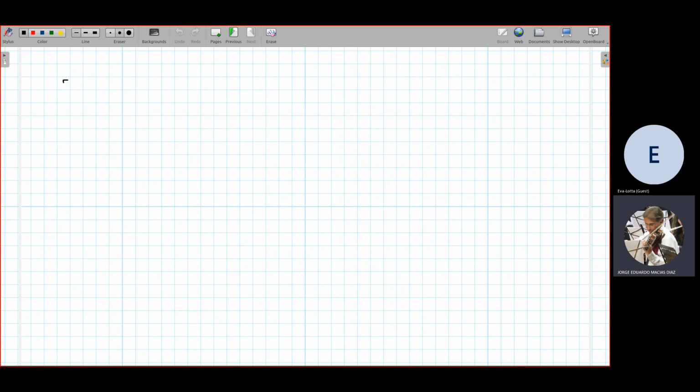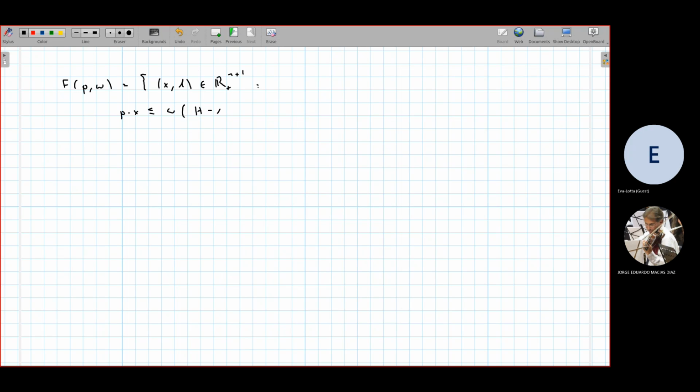About the feasible region, this feasible region is going to depend on two parameters, P and W. And it's going to be the collection of these points in R plus n plus 1 with the property that this cost is less than or equal to the amount this person earns, and L is less than or equal to H. And it makes sense, right?